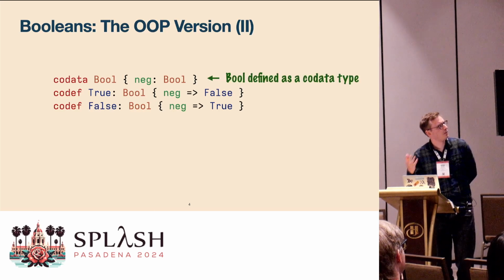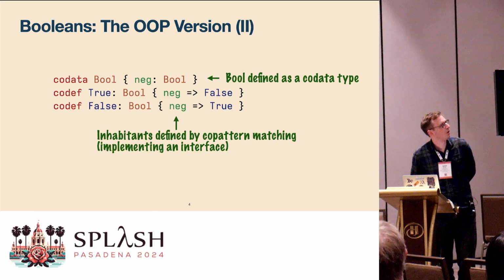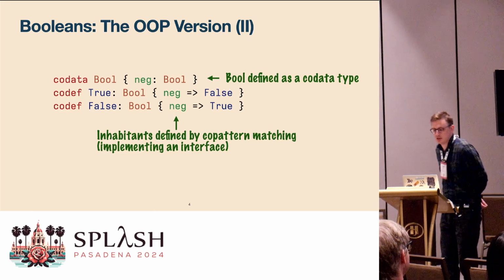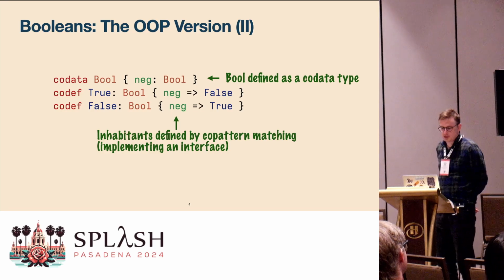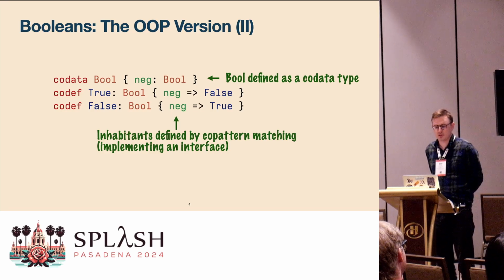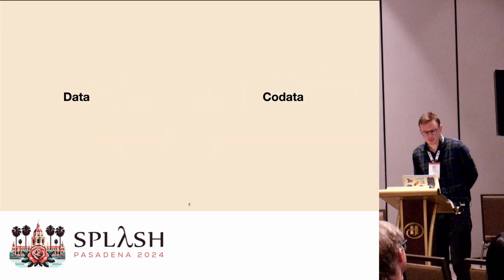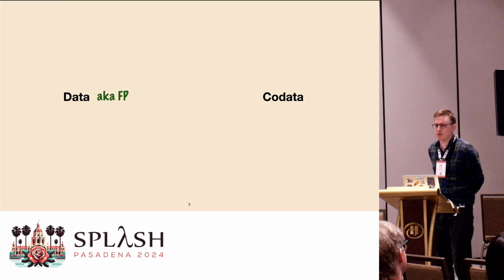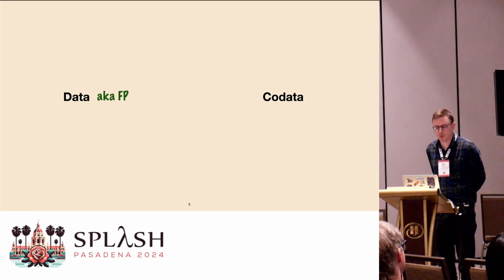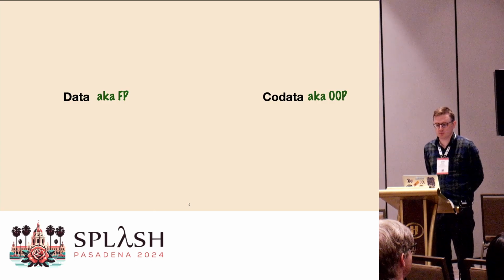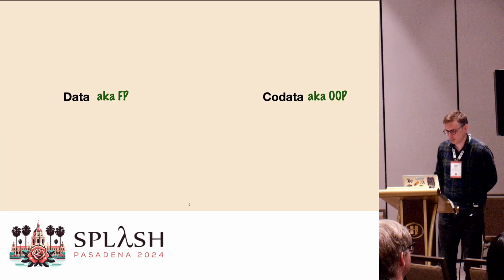And this is a form of co-data types, which are defined by the interfaces, and true and false are defined by co-pattern matching, which basically just means that every inhabitant of a co-data type must implement the corresponding interface. So we've seen that there are data types which correspond to the style of programming that you're used to in functional programming, and co-data types which correspond to programming against interfaces in an object-oriented style.